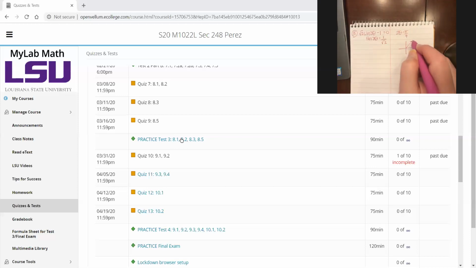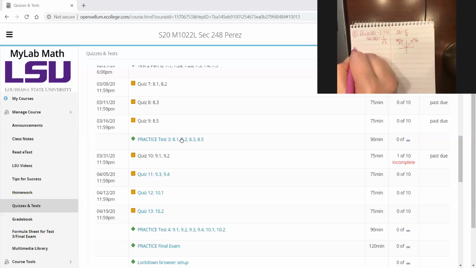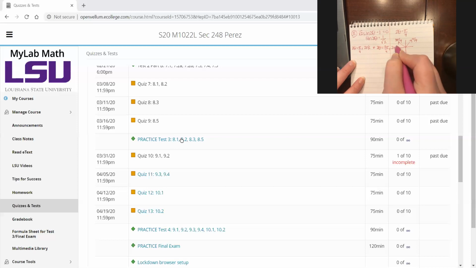So that's here at pi over 4 and here at 3 pi over 4. So we've got two equations, but we're going to have to solve them. So 2 theta is equal to pi over 4 plus my period, 2 pi k. And 2 theta is equal to 3 pi over 4 plus my period, 2 pi k.